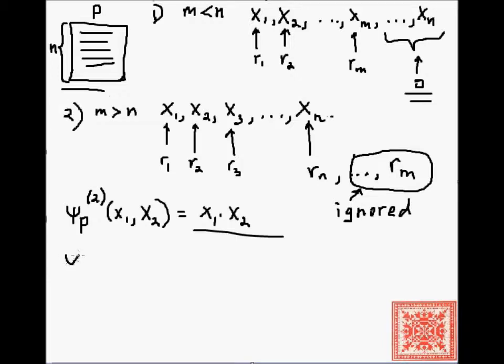In the first case, let's consider what happens if we give it 1 argument. The second argument defaults to 0 because we have insufficient input, so the product is going to be 0.